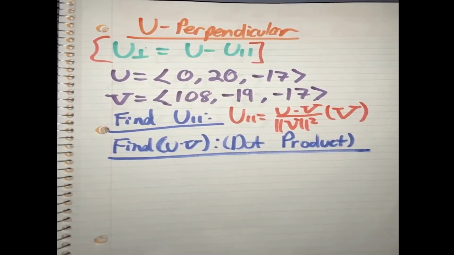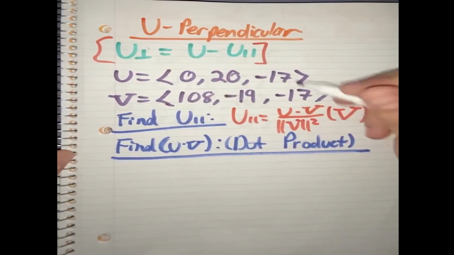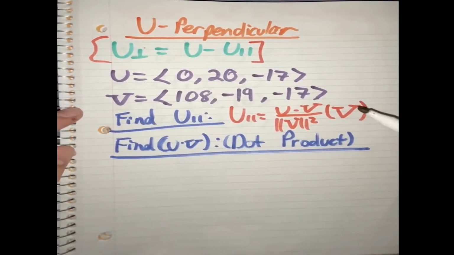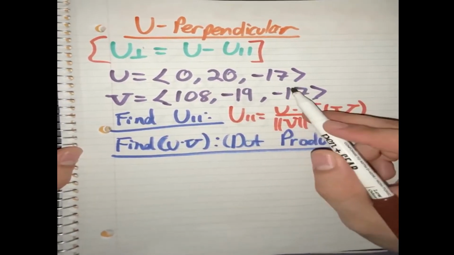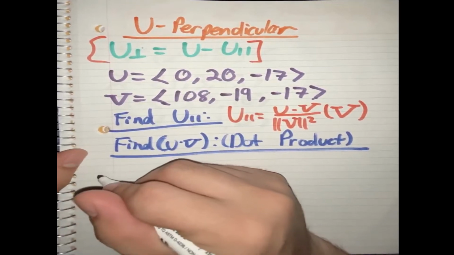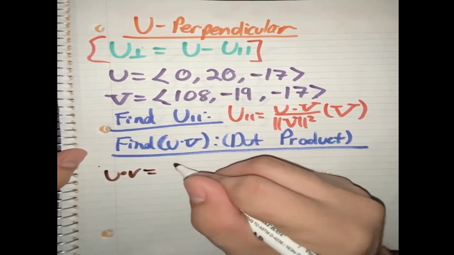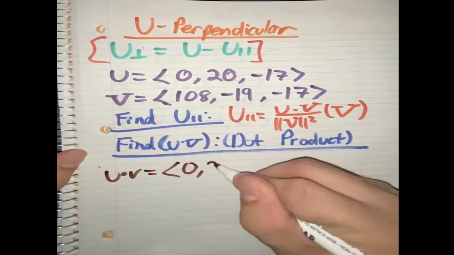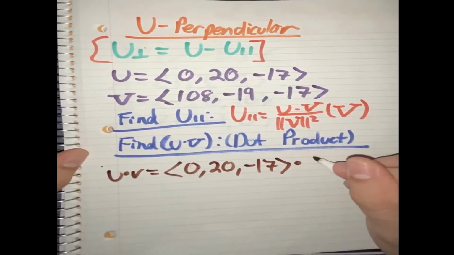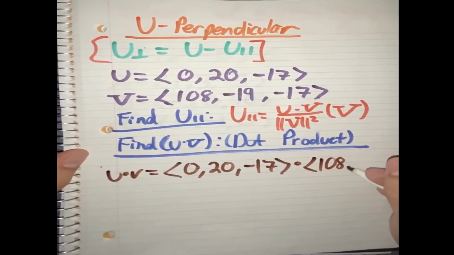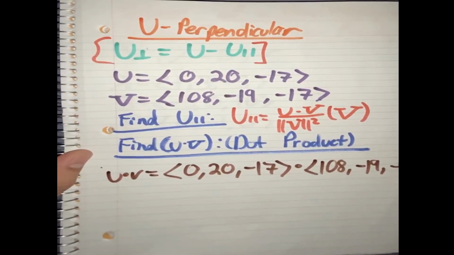To compute the dot product, I have a video on that as well, but basically we just multiply each element: x with x components, y with y components, z with z components, then we add the terms together. So u dotted with v is equal to u, 0, 20, negative 17, dotted with v, 108, negative 19, negative 17.